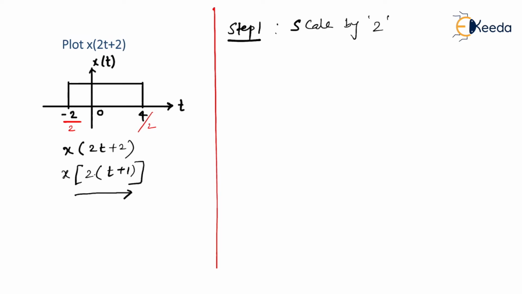It is minus 1, and the higher limit is plus 2. Somewhere here we'll have this axis. Right. So we are done with the scale by 2 approach.